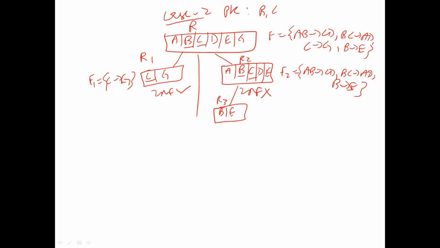B is the primary key, F3 is containing B to E, and the other details available are R4, that is A, B, C, D. BC is my key. You can find my F4 is containing AB to CD, BC to AD.